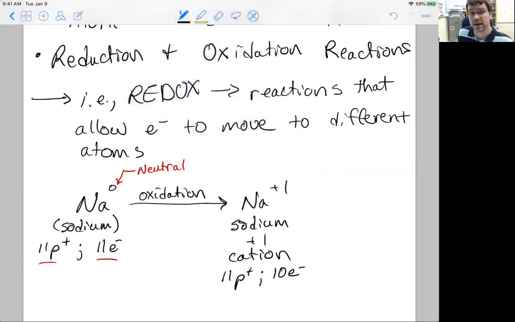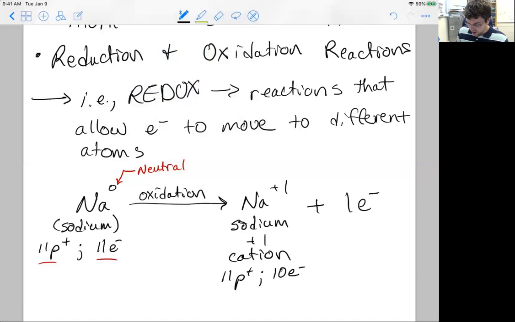And again, we could determine that using the equation that we talked about last time. So we've lost 1 electron. Now the conservation of matter and energy says that we cannot create or destroy matter, we can only transfer it to different states. And so what we need to do is account for that lost electron on the right side of our chemical reaction equation.